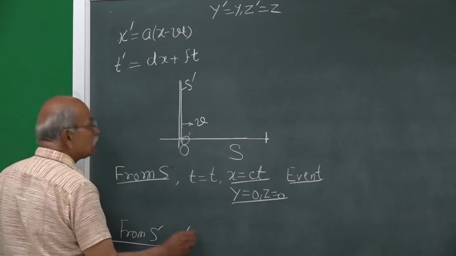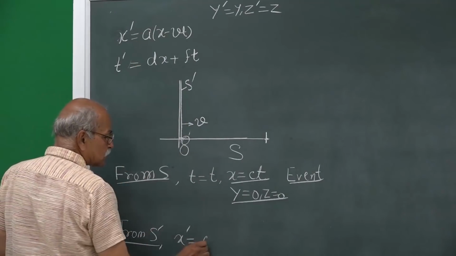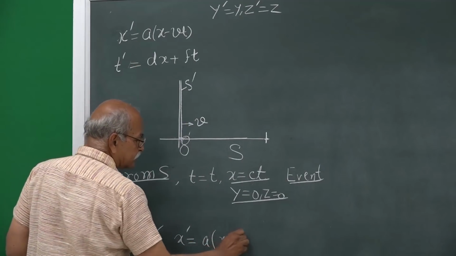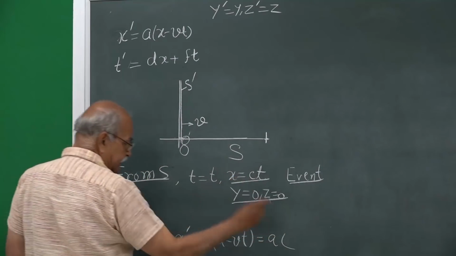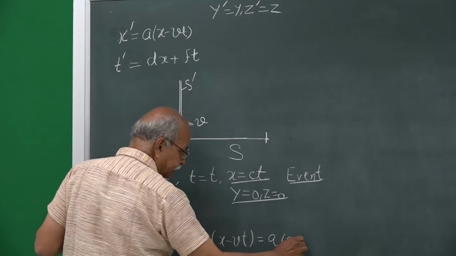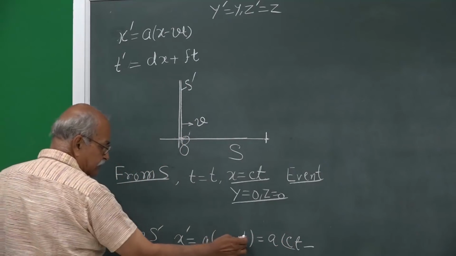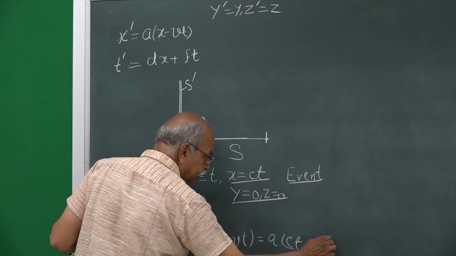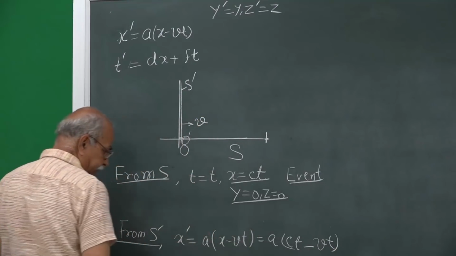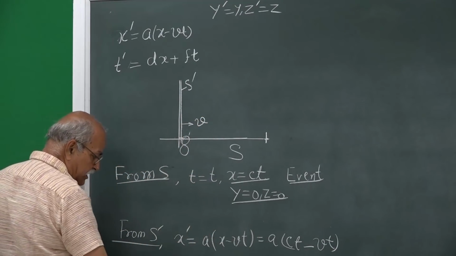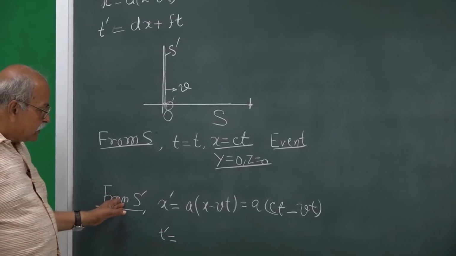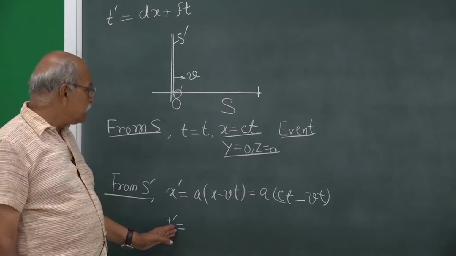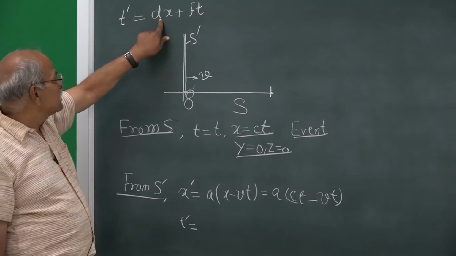x prime is equal to a times x minus v t, that is a times, x is c t, so this is c t, then minus v t. That is it. And what is t prime? In S prime frame, when did it occur? t prime is given by this equation.